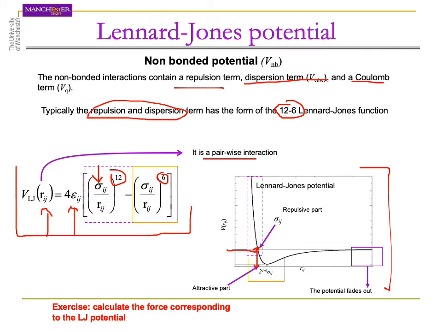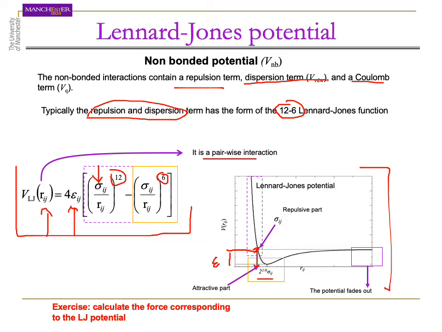After this distance, we enter into the attractive region of the potential, where the potential is negative. The minimum of the Lennard-Jones potential is obtained at distance 2 to the power of 1 over 6 times sigma, and the depth of this well is actually equal to epsilon.